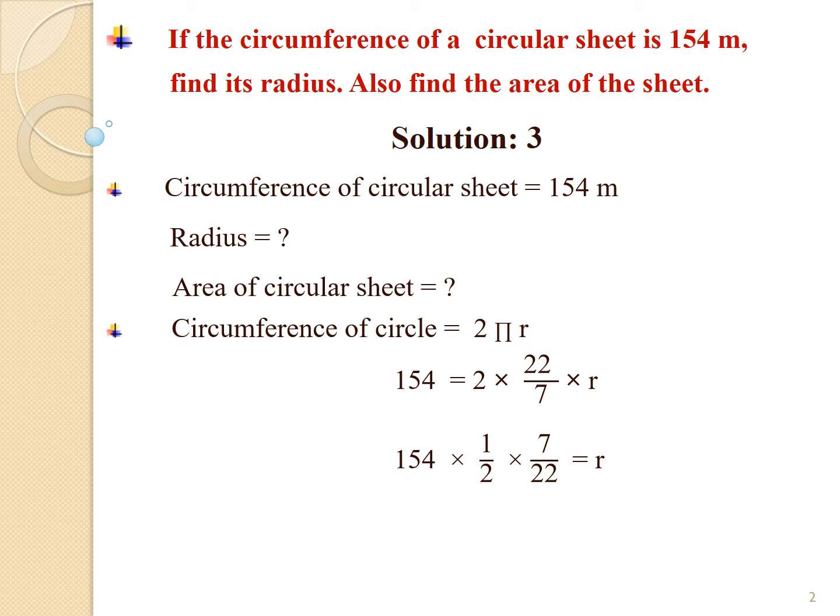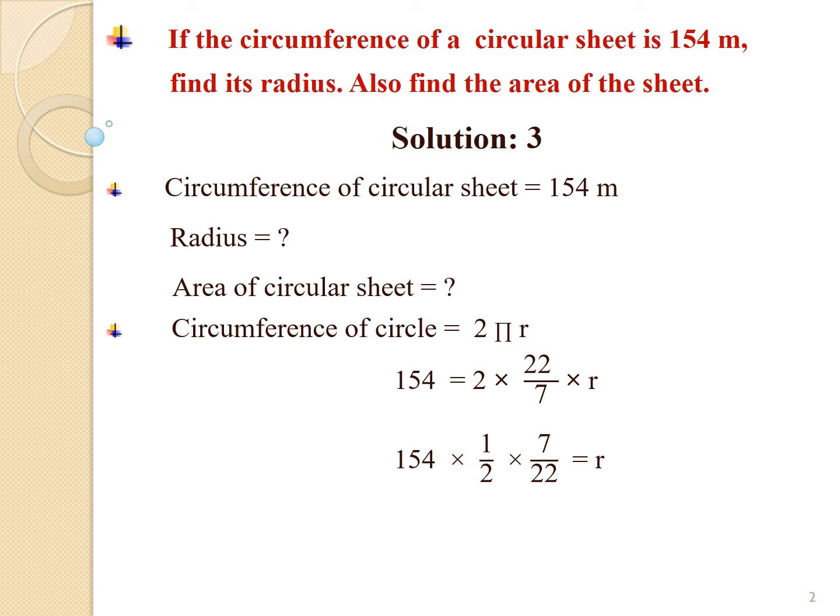Students, note that the reciprocal of whole number 2 is 1 upon 2 and the reciprocal of 22 upon 7 is 7 upon 22. Students, now let us cancel denominator 22 and 154 as 154 is a multiple of 22.